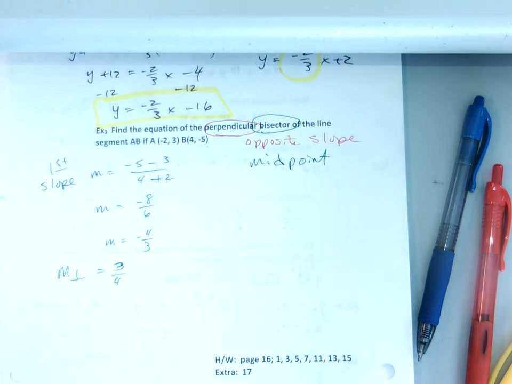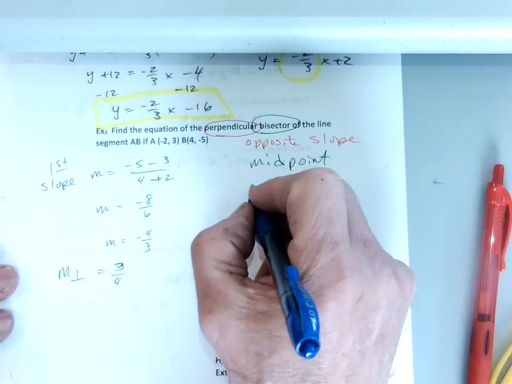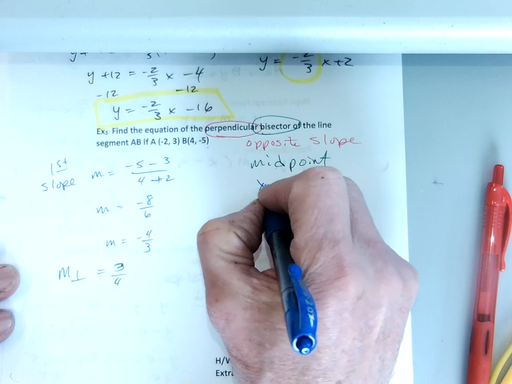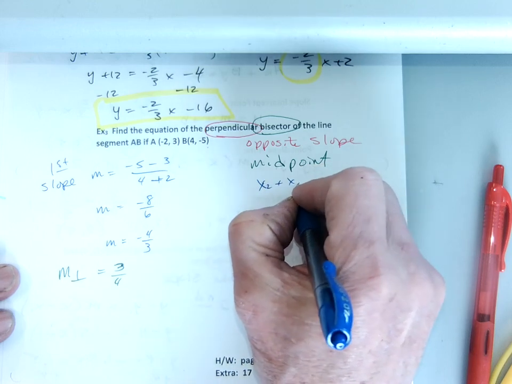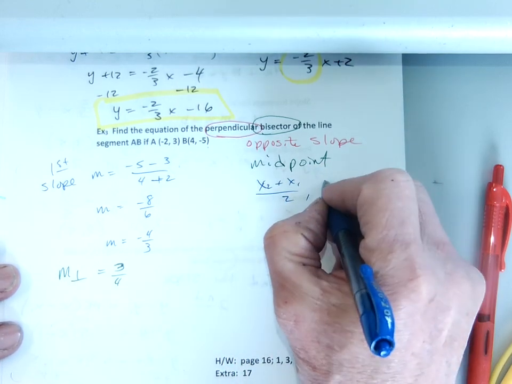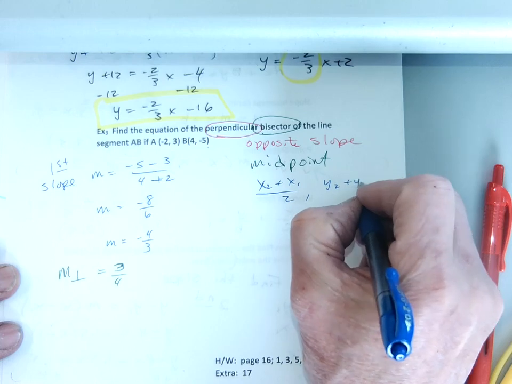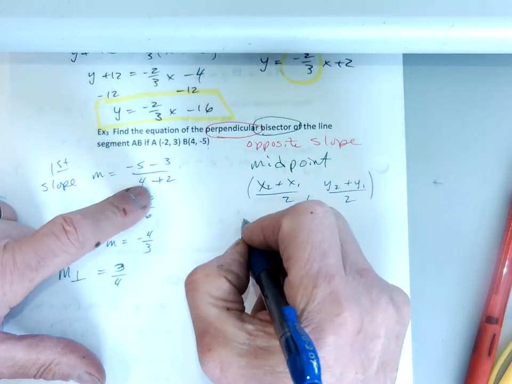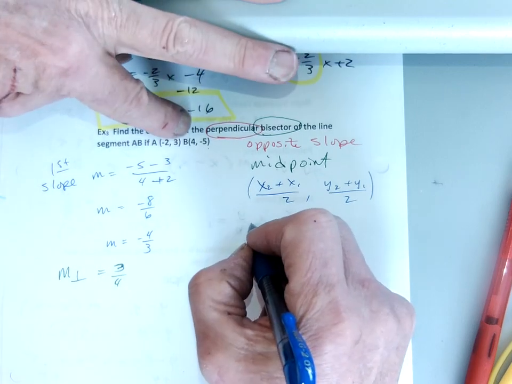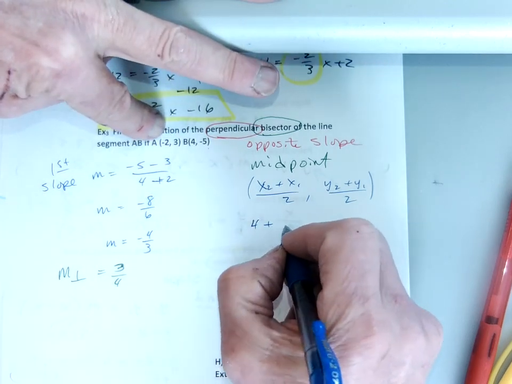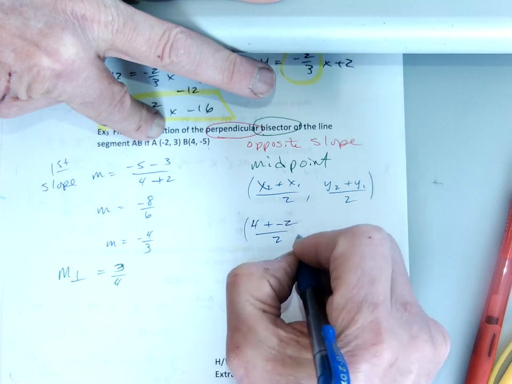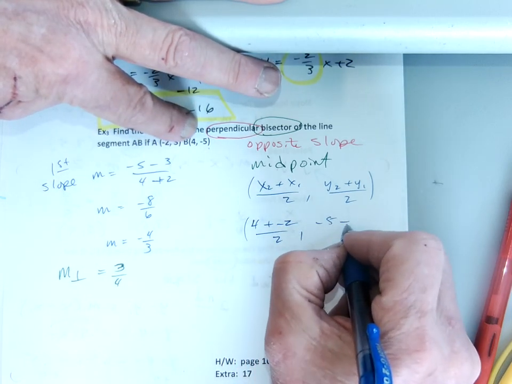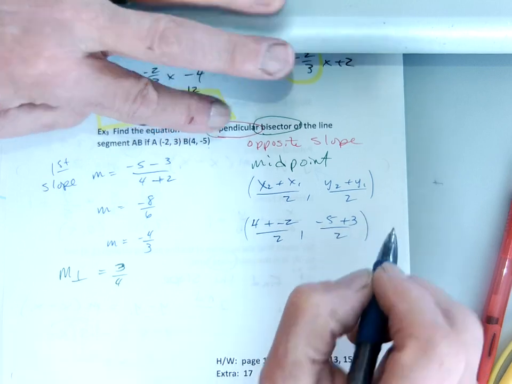We have a formula for the midpoint. I'll write it down again: x2 plus x1 over 2, comma, y2 plus y1 over 2. That's our midpoint. So I'm going to have 4 plus negative 2 over 2, and negative 5 plus 3 over 2.